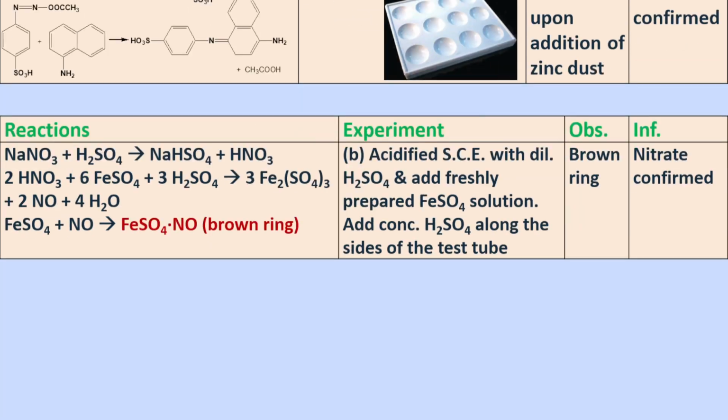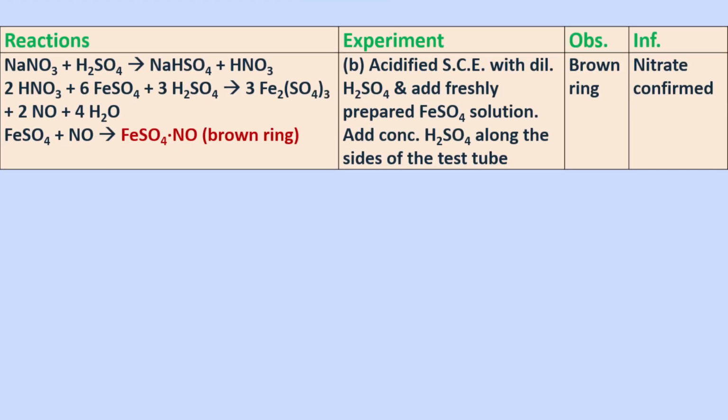Now let me discuss some individual tests for nitrate and nitrite ions. For nitrate, acidify the sodium carbonate extract solution with dilute sulfuric acid and add freshly prepared ferrous sulfate solution. Then carefully add concentrated sulfuric acid along the side of the test tube.